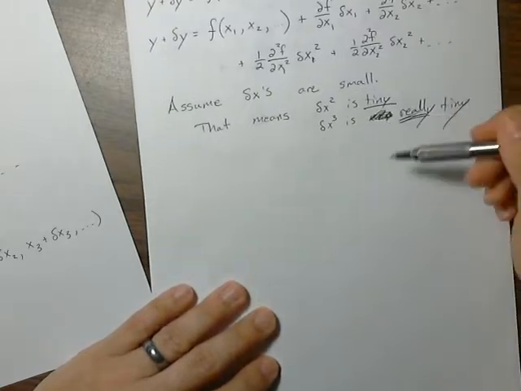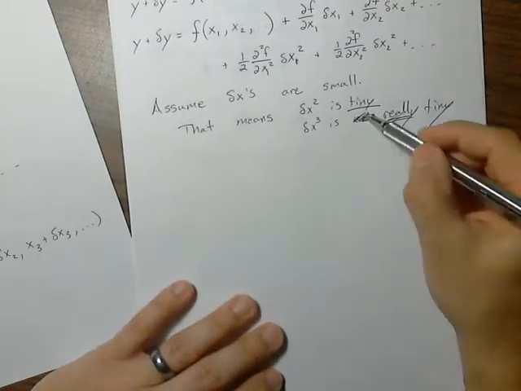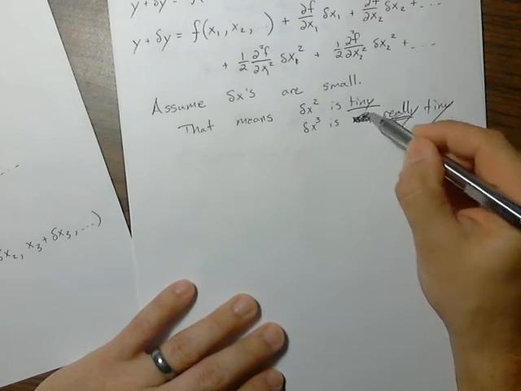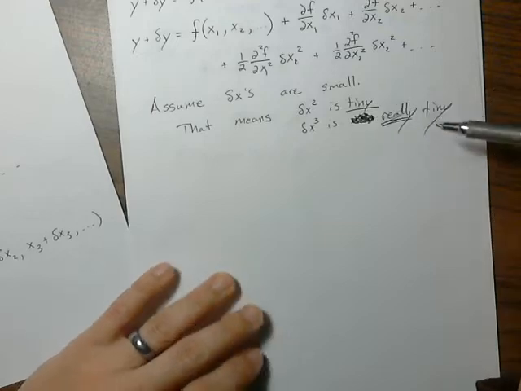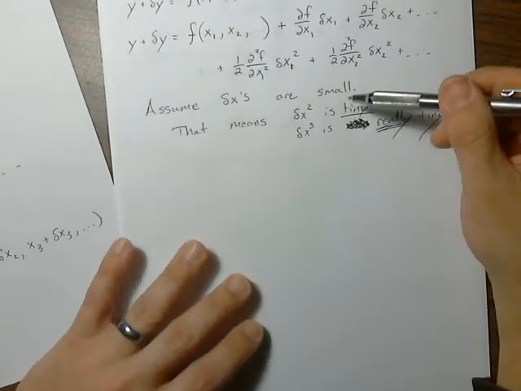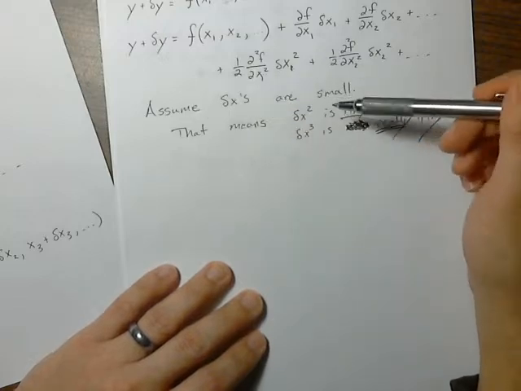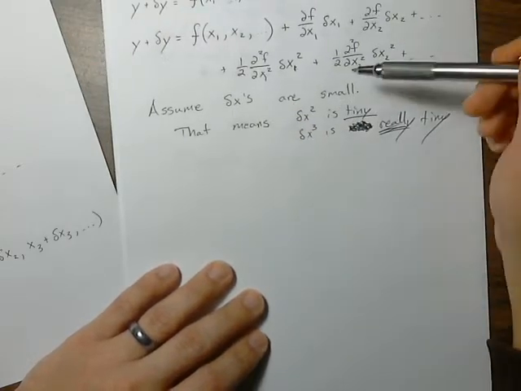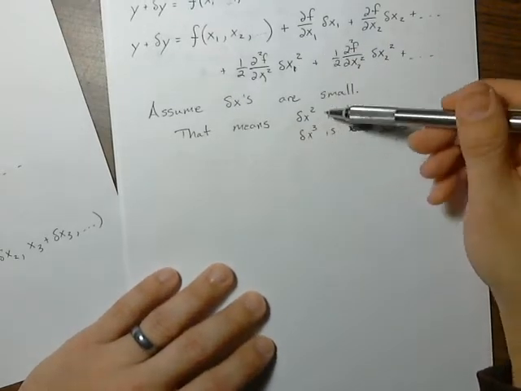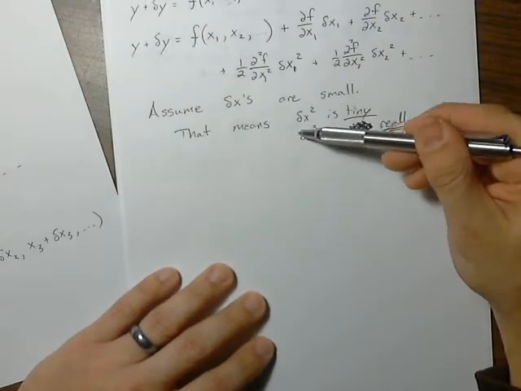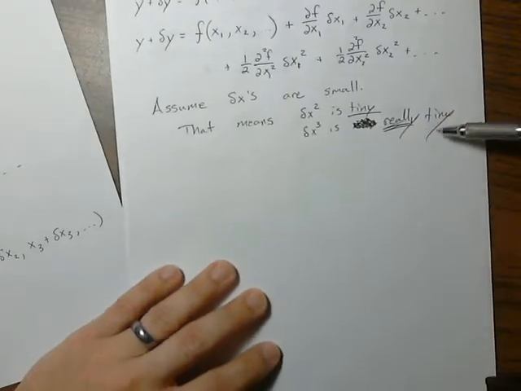basically we go nuts here. If I can remember how to spell minuscule, that's embarrassing. I was going to say minuscule, but then realized I can't remember how to spell it, so whatever. Really tiny. So the deltas, basically, the idea is if you have a small number, and then you square it, it's a really small number, and if you cube it, it's a really small number.